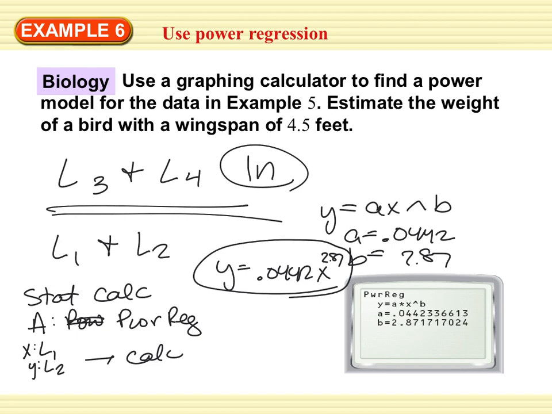Oh, I forgot to finish the problem. Reread the problem. It says estimate the weight of a bird with a wingspan of 4.5 feet. So if you look at this data, the wingspan is x. So we're going to go ahead and plug that into x. 0.0442 times 4.5 raised to the 2.87. 4.5 caret 2.87, enter, times.